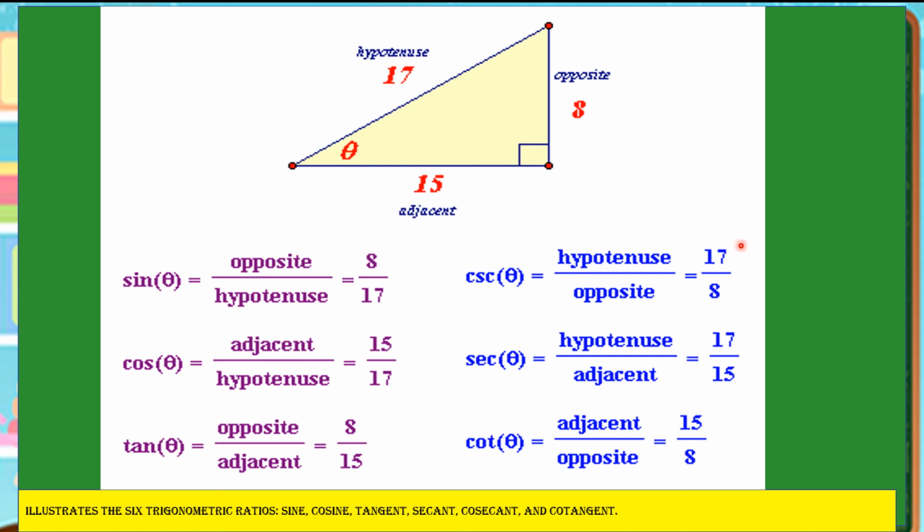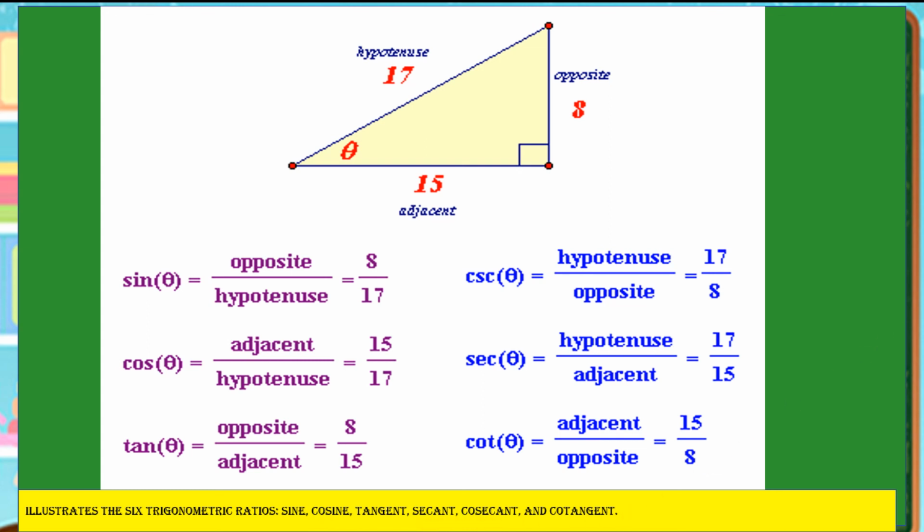Cosecant theta is equal to 17 over 8. Secant theta is equal to 17 over 15. Cotangent theta is equal to 15 over 8. So, this is how we illustrate the six trigonometric ratios: the sine, cosine, tangent, secant, cosecant, and cotangent.